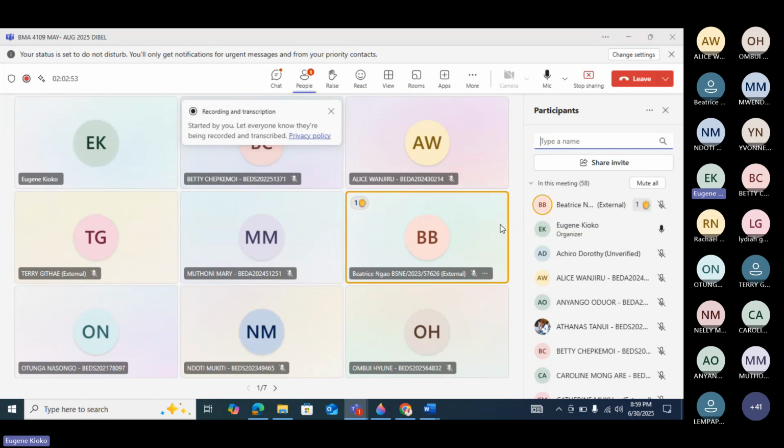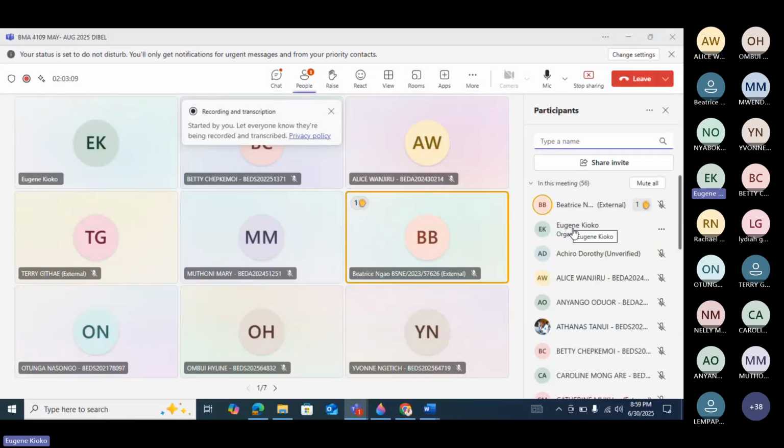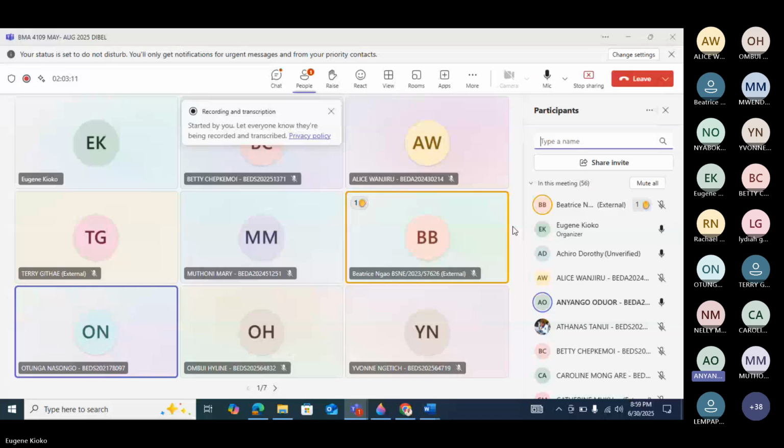Hatujaona. Maybe wenye wameingia late, mtu anaweza angalia. Resend, kama zitapatikana I'll resend them. Sawa sawa. Thank you. Okay.